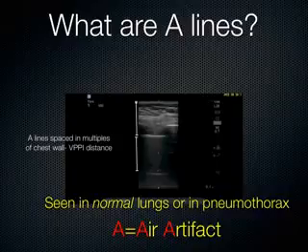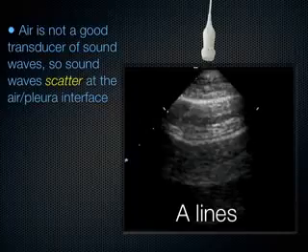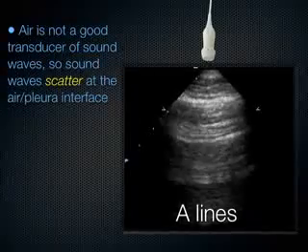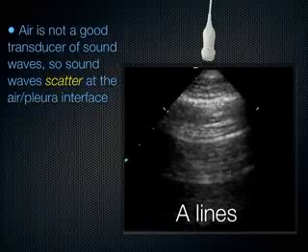Another example, just a reminder, that air is just not a good transducer of sound. The sound will reach that pleural line there, and most of it will scatter back. But the ones that do reach back to the probe in an organized fashion will create an image, and that's the pleural line.